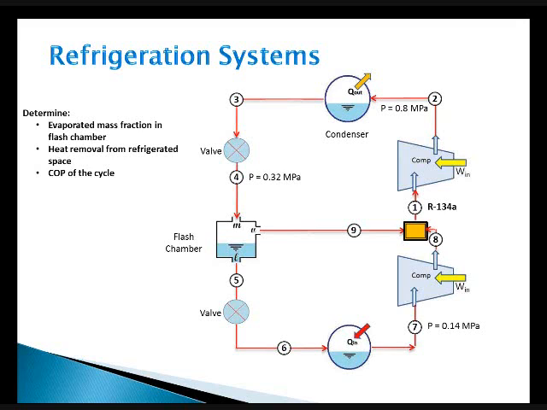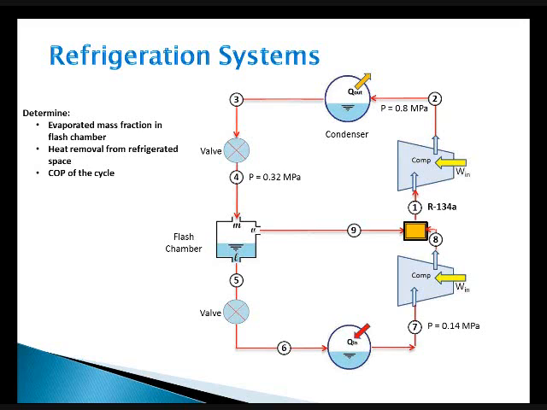In this problem, we know the pressure levels, and we're trying to figure out the evaporated mass fraction and the usual things. With ThermoFlo, you basically drag and drop things on the screen, regardless of the complexity of your problem, and it will give you all the information you're requesting.